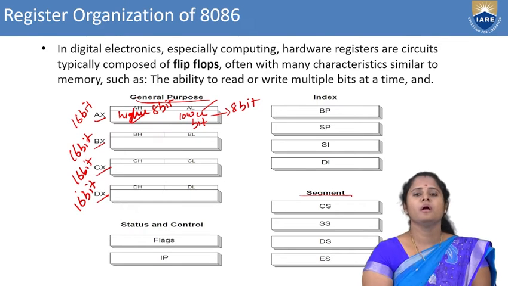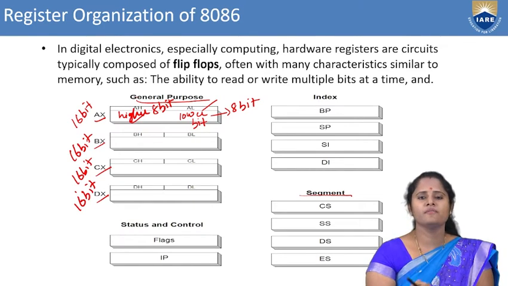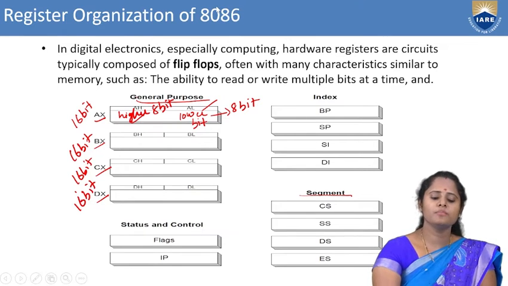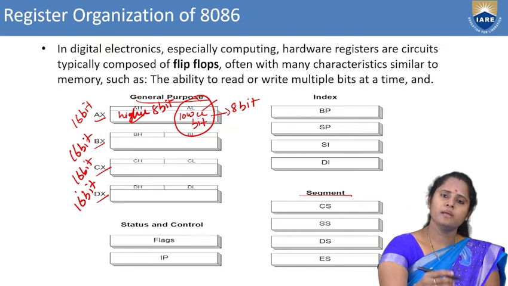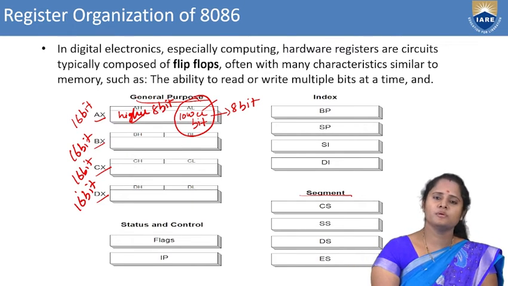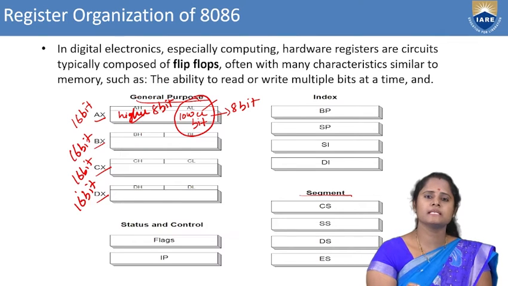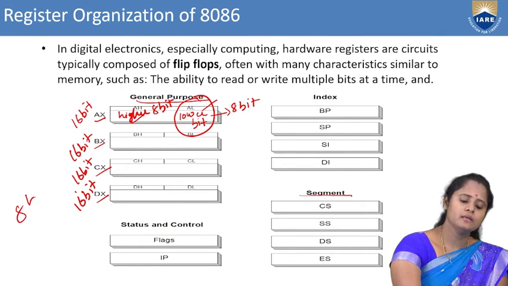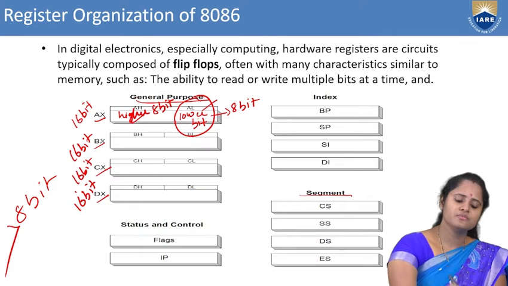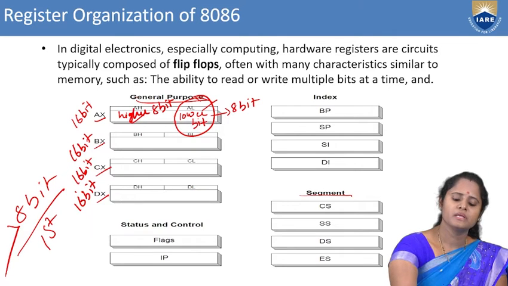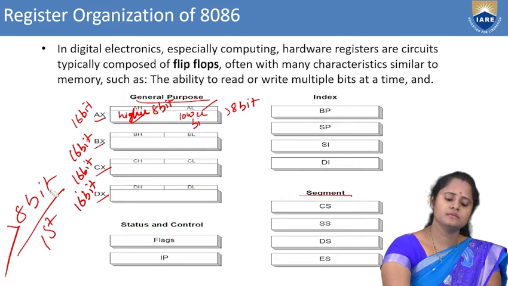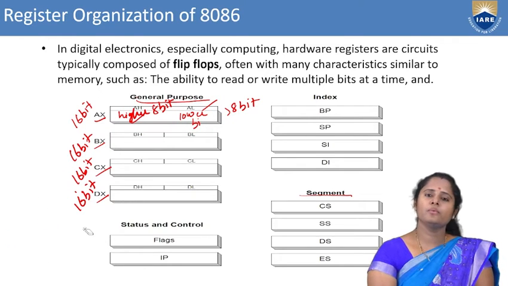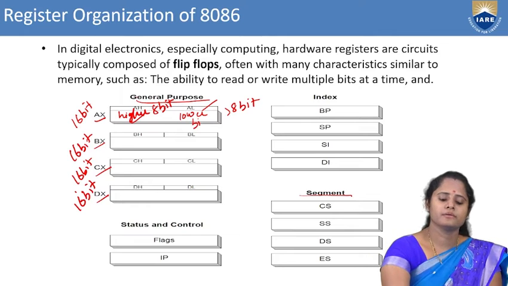Always make sure that whenever you give data into this register, the data is stored first in the lower bits. It may be 8 bits or any amount, but less than 8 bits will always be stored first in the lower, and the next bits will be occupied by the higher.